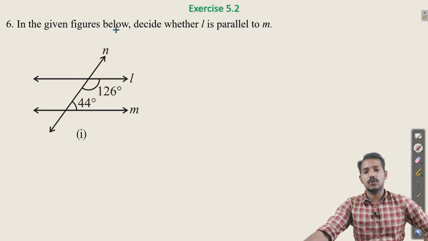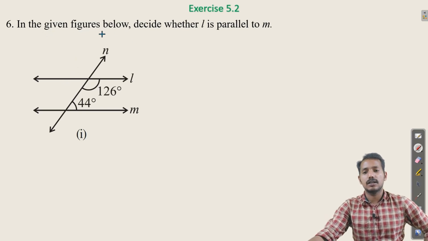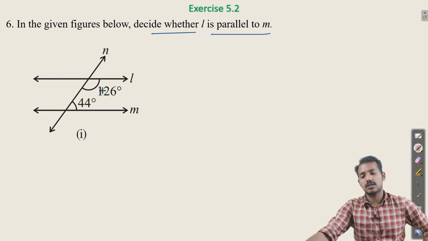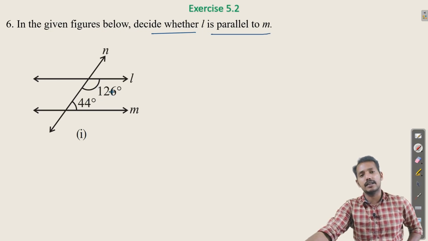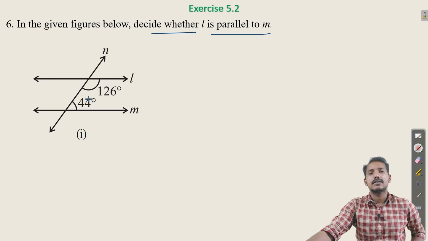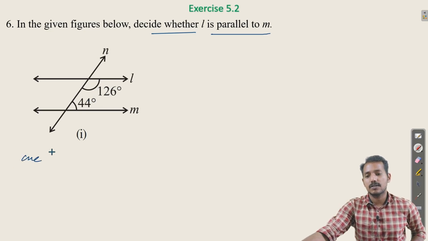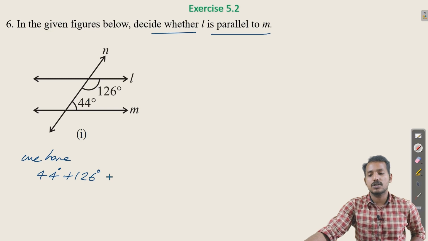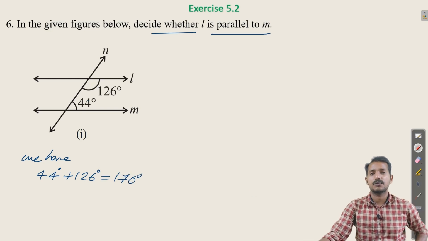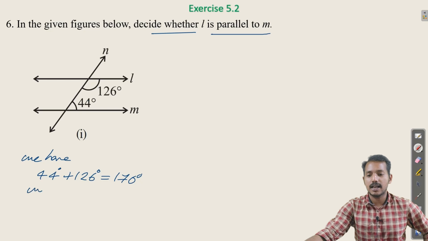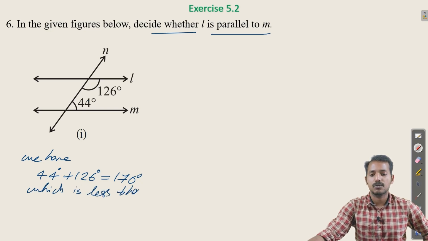And question number 6, option number 1. In the figure given below, decide whether L is parallel to M or not. Here these two angles are co-interior angles, so we just have to find the sum. 44 plus 126 is equal to 170 degrees, which is less than 180 degrees.